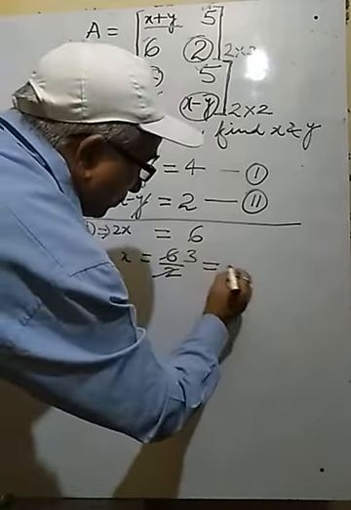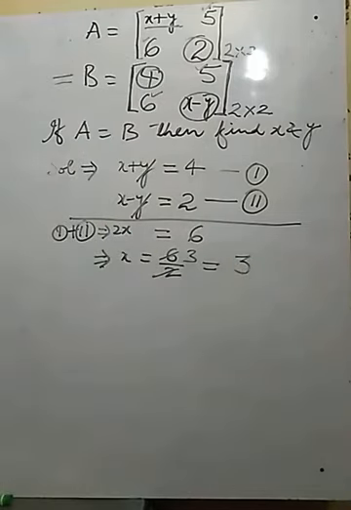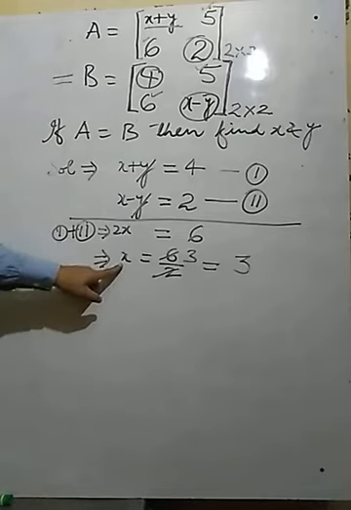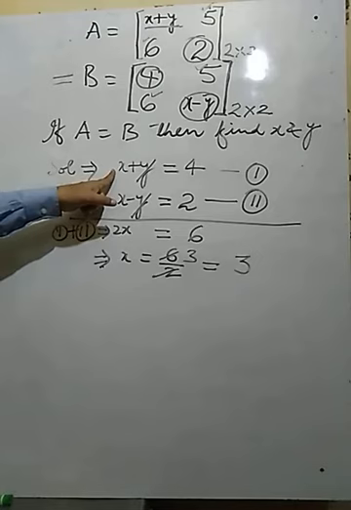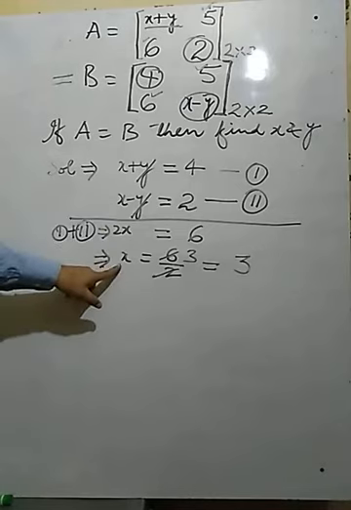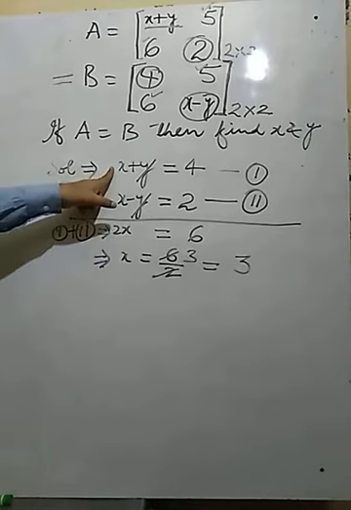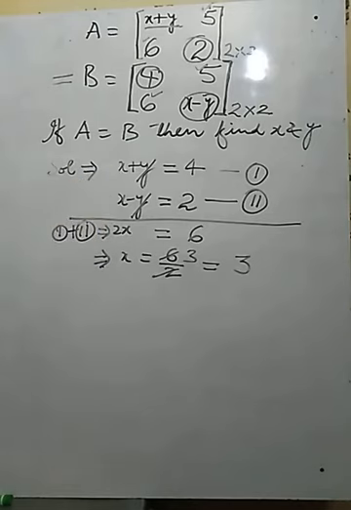Now we have calculated the value of x equals 3. One value is calculated. This value of x may be kept where? In equation number 1 or equation number 2, anywhere, to find the value of y. Another idea is also there.